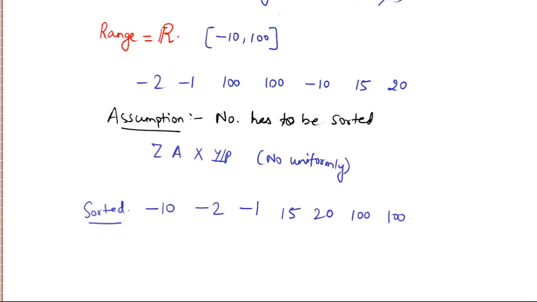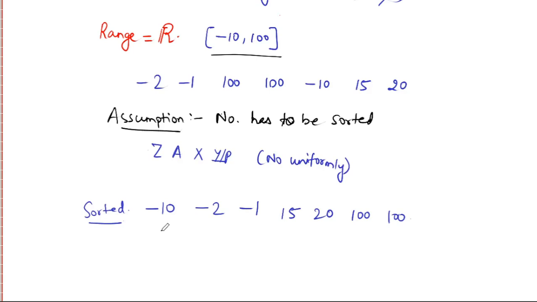Now how binary search actually works on this set of sorted numbers is the idea of discussion. So this is the range, and within this range some set of numbers are provided.